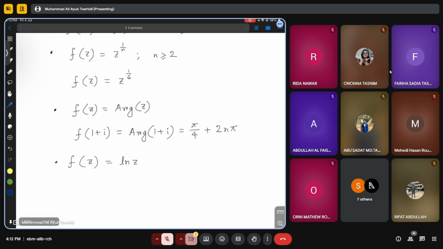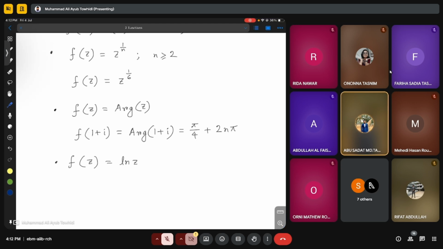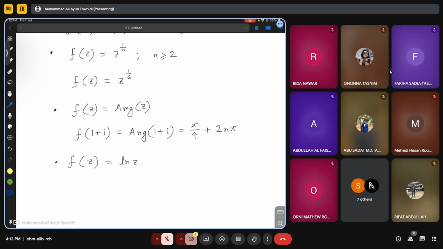Why is argument a multivalued function? Because we add 2n pi. Yes, because if you say n equals 0 and take this value, that is an argument.